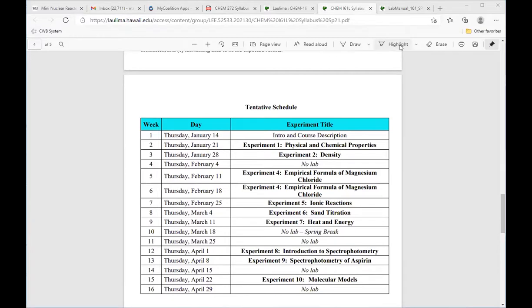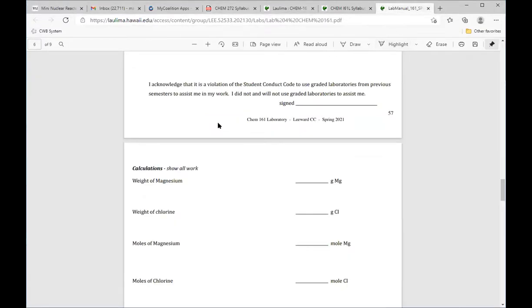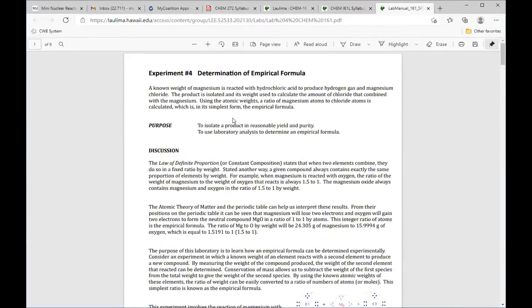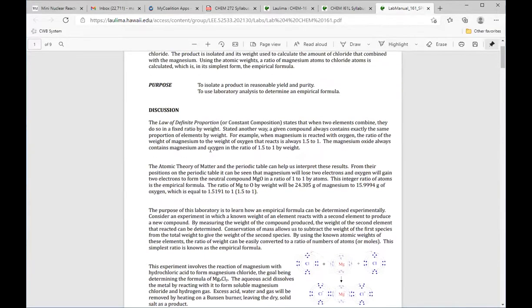Cool. So let's look at the lab manual. So this is empirical formula. Everyone knows what an empirical formula is. I believe it's the smallest whole number ratio of atoms in a compound.